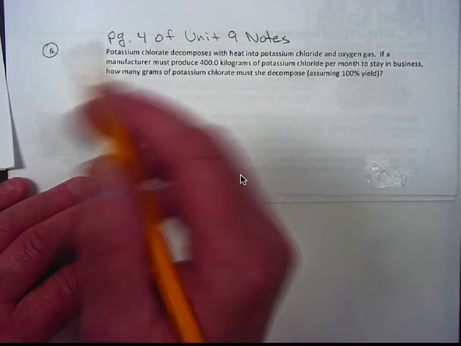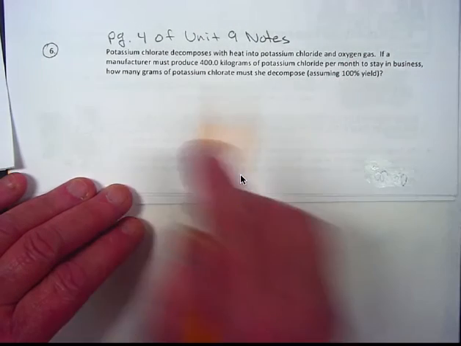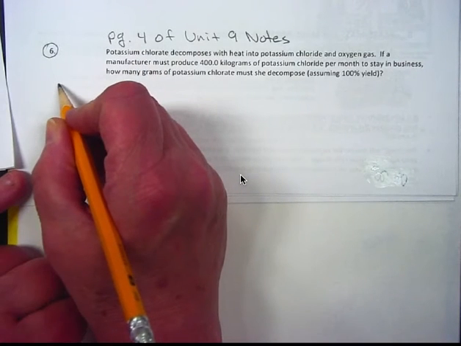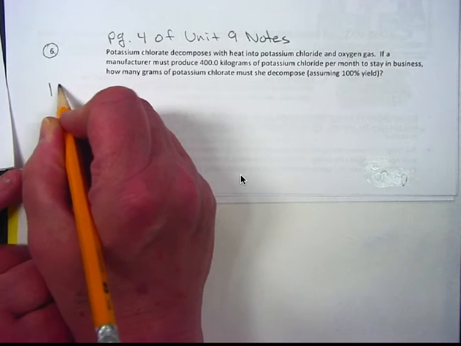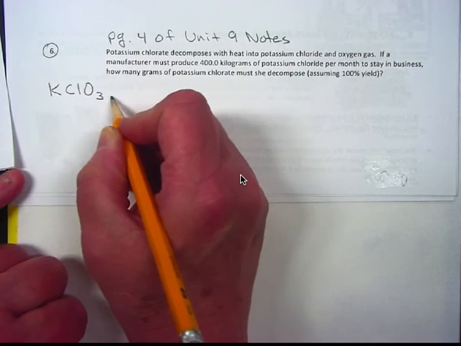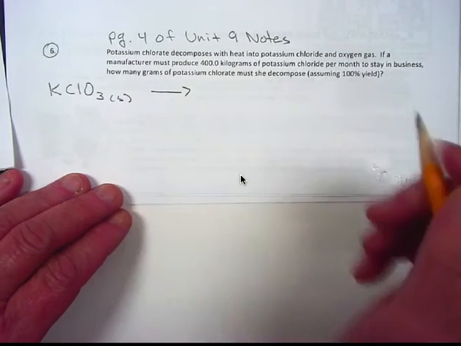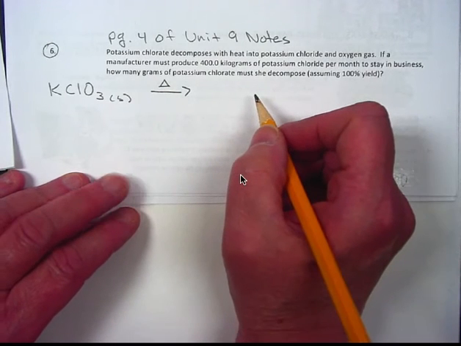So first we need to build our chemical equation, and we're decomposing potassium chlorate with heat, so we use a triangle there.